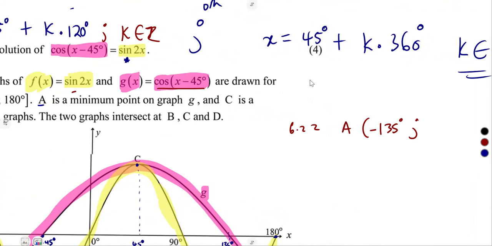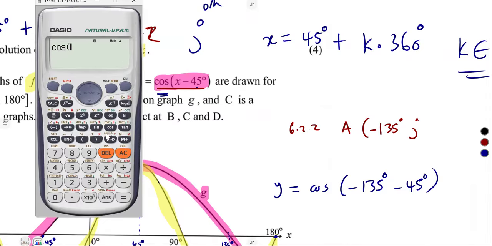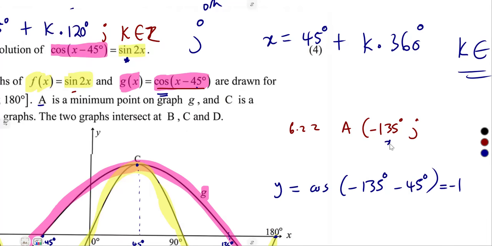You substitute, since it lies on G. So you substitute on gx, cos, in place of x, you put minus 135 minus 45. What is the value that you are going to have? We're going to have minus 1. So the y value is negative 1. So as a point, x versus y is minus 135, minus 1. So that is it.